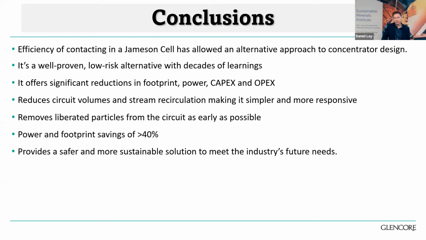It reduces circuit volumes and circuit recirculation, making it simpler and more responsive. And it removes liberated particles from the circuit as early as possible and prevents any chance of overgrinding. This has resulted in significant power and footprint savings up to 40%. And it provides a safer and more sustainable solution to meet the industry's future needs.